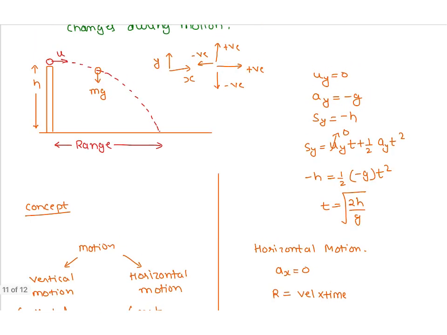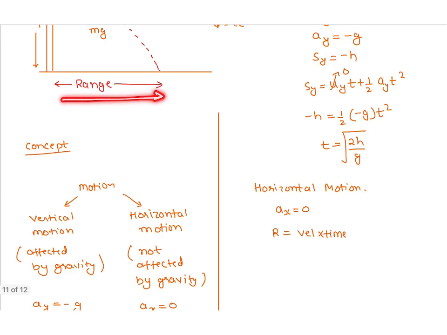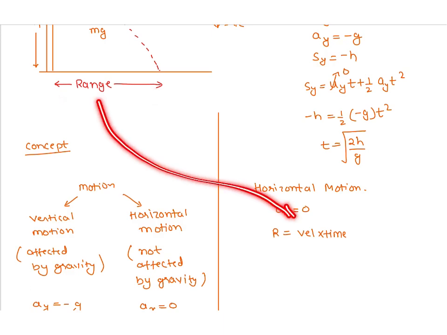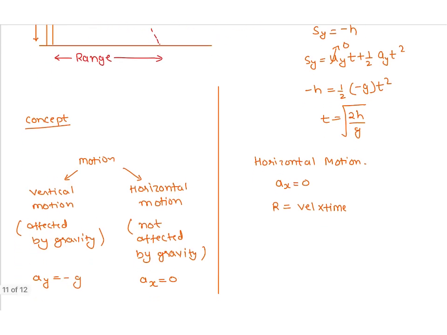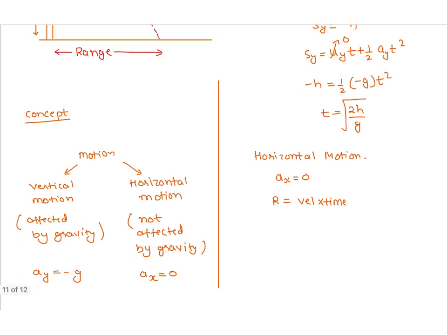This is displacement in x direction, the range, which can be given by velocity into time. Will velocity change? No, velocity will not change because acceleration in x direction is zero. So I can say that velocity in x direction will remain constant.